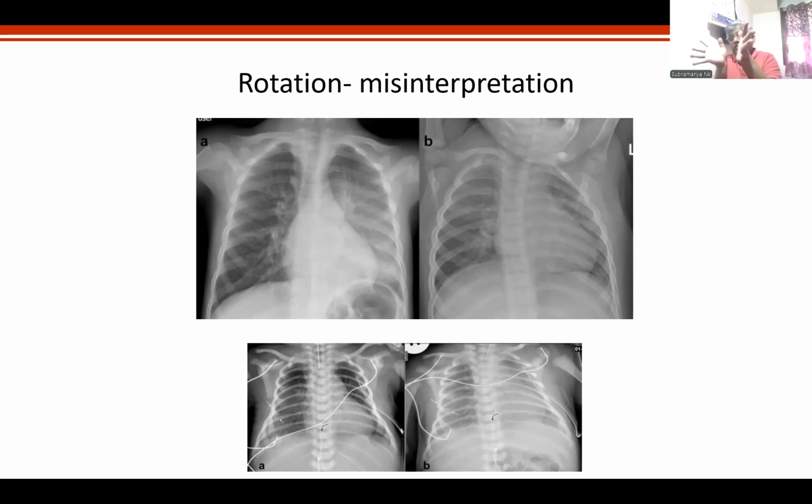This is the hilum which is not radio opaque. And my right lung appears dense. My left lung appears lucent because it is taking the hila away from the midline. Away from the midline, it appears more lucent. Am I clear to you? Please type U.